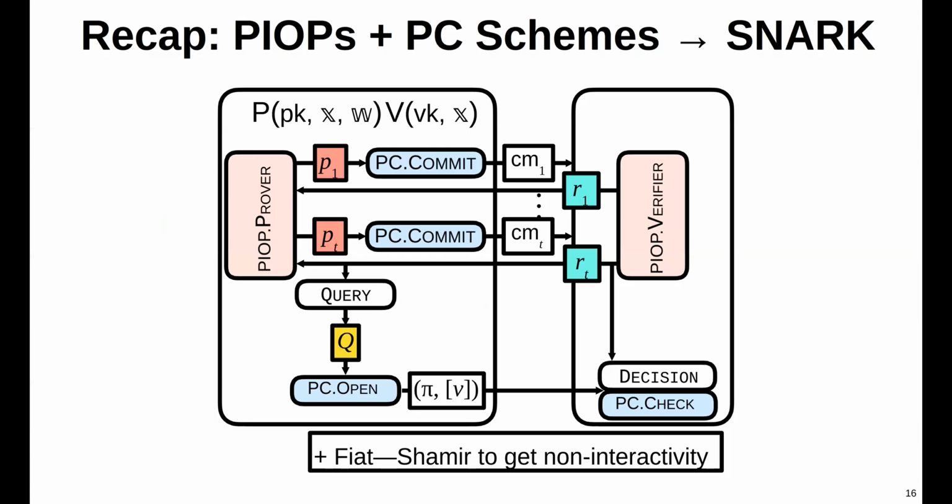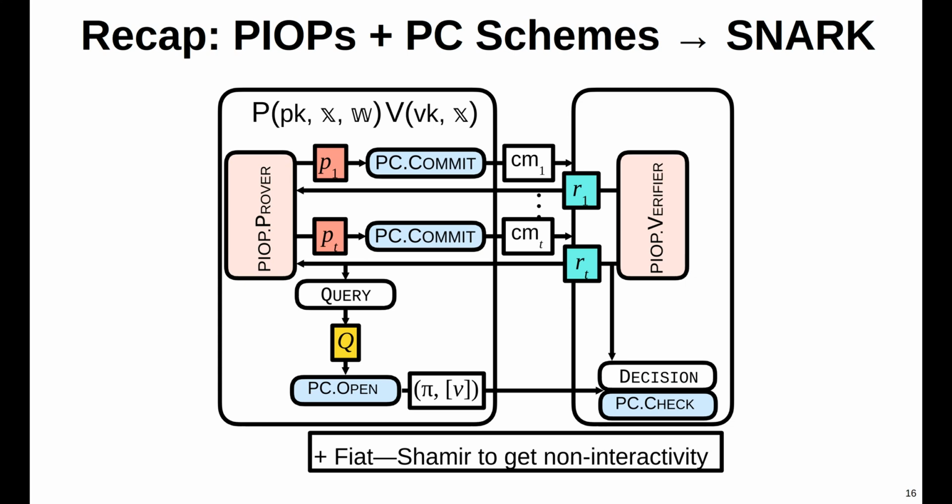Right. So just to give all of you a very quick recap of modern-day SNARKs, something like Plonk internally has these two primitives, PIOP and polynomial commitments, right? You start off with your data, you create a polynomial out of that, you create a polynomial commitment and send that over to the verifier.